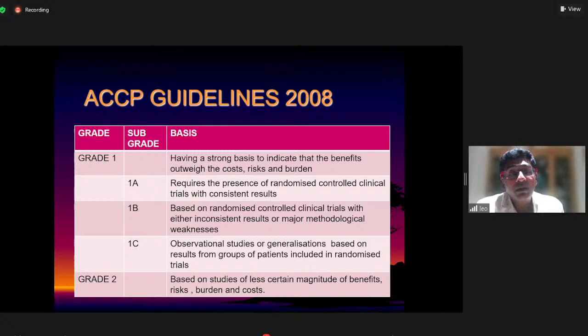The grade 1 were subdivided into 1A, 1B, and 1C. 1A, of course, was the gold standard, which requires randomized controlled clinical trials with consistent results. 1B was based on randomized controlled clinical trials with either inconsistent results or major methodological weaknesses. 1C was based on observational studies or generalizations.